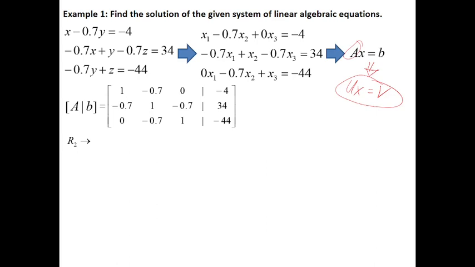we must consider all the elements below the major diagonal. And all the elements below the major diagonal should be converted to 0. So these are the elements below the major diagonal, right? And as you notice, we have 3 elements below the major diagonal.